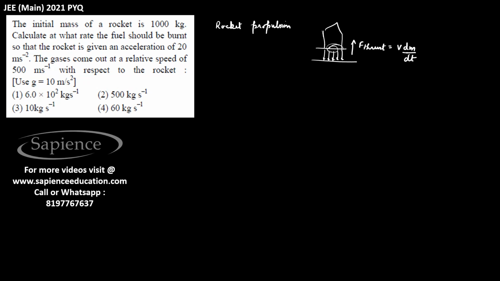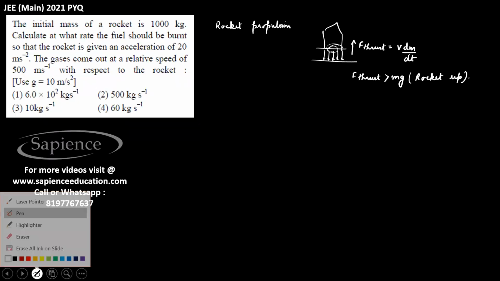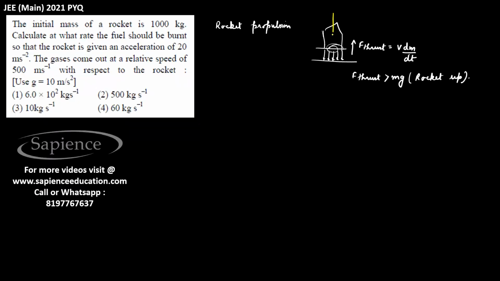Mathematically, if this thrust force is greater than mg, then the rocket will move up. If the thrust force is less than mg, then the rocket will not move up. If the rocket is moving up, then the thrust force is responsible for making it move. Thrust force will take it up, and mg will try to oppose it.